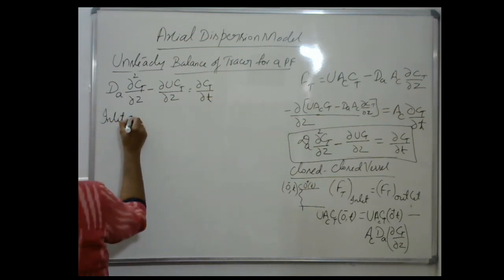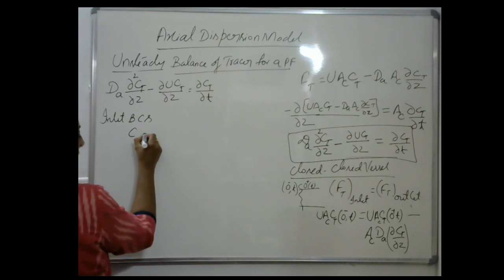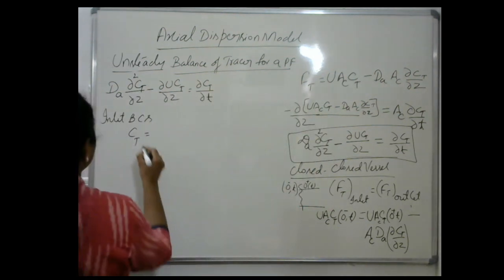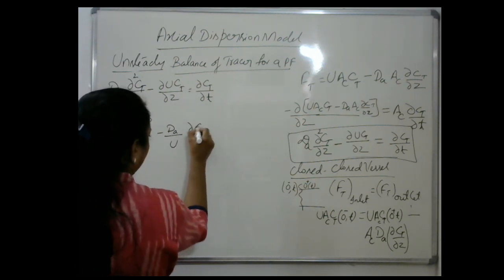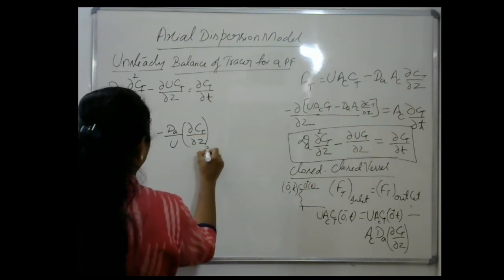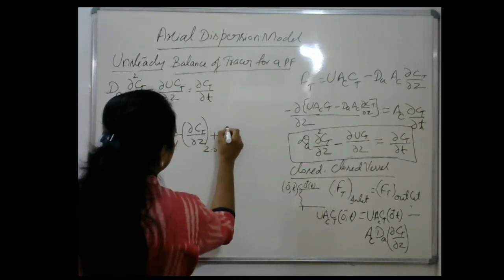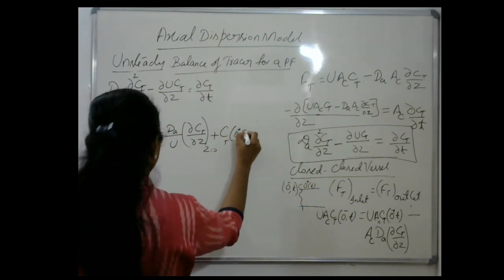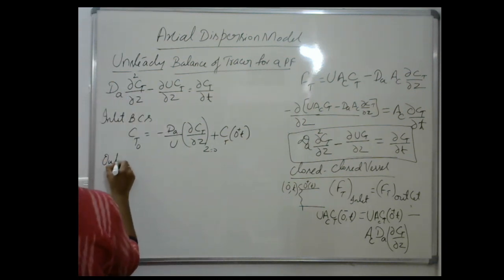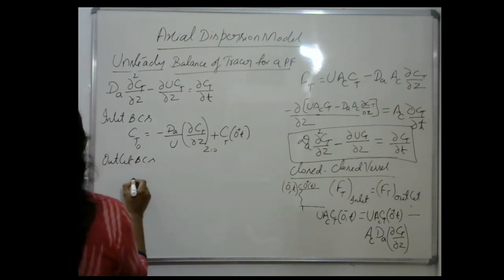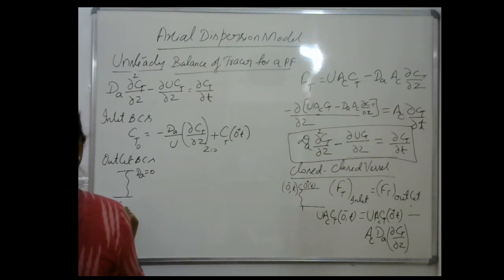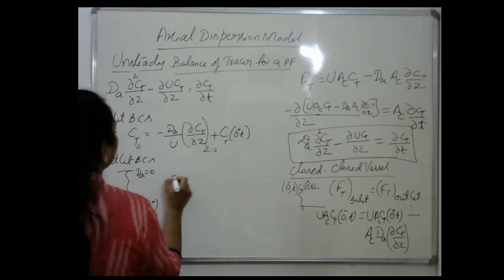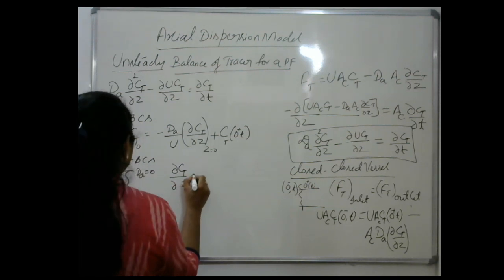So the inlet boundary condition is C(t) at 0 minus is equal to minus D_A/U ∂C(t)/∂z at z equal to 0 plus, plus C(t) at 0 plus, and the outlet boundary condition is at the outlet D_A equal to 0, C(t) at L minus is equal to C(t) at L plus. So finally I can write ∂C(t)/∂z is equal to 0.